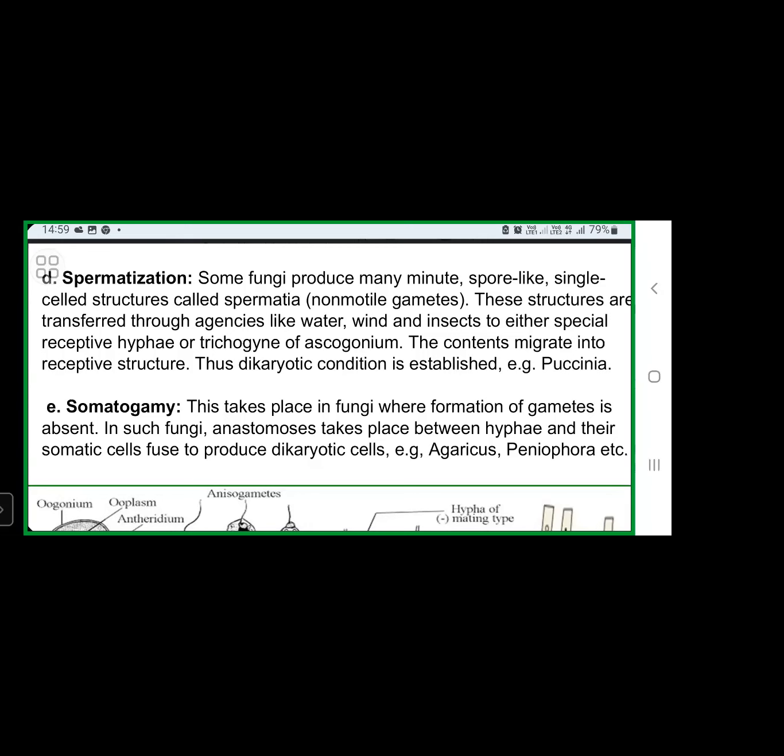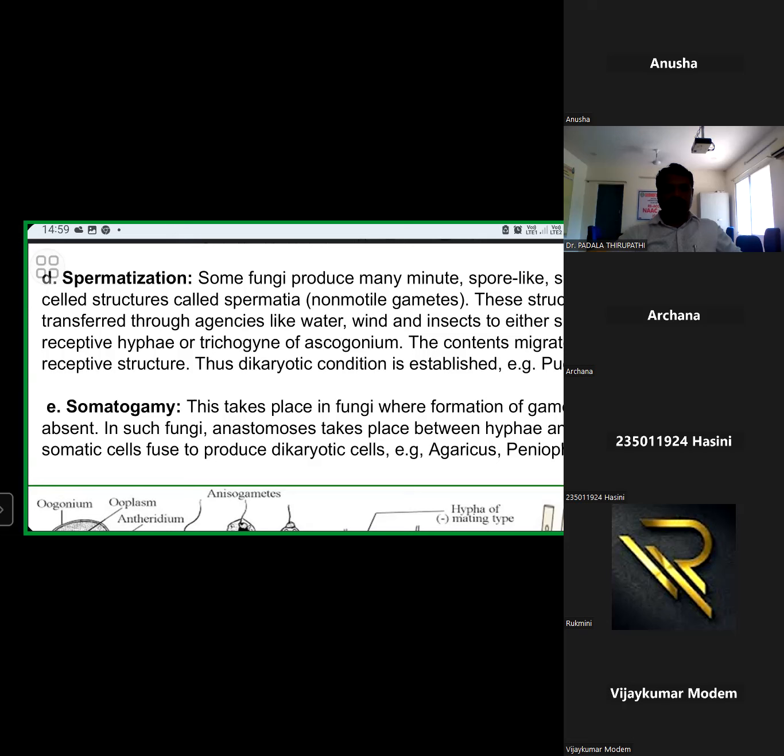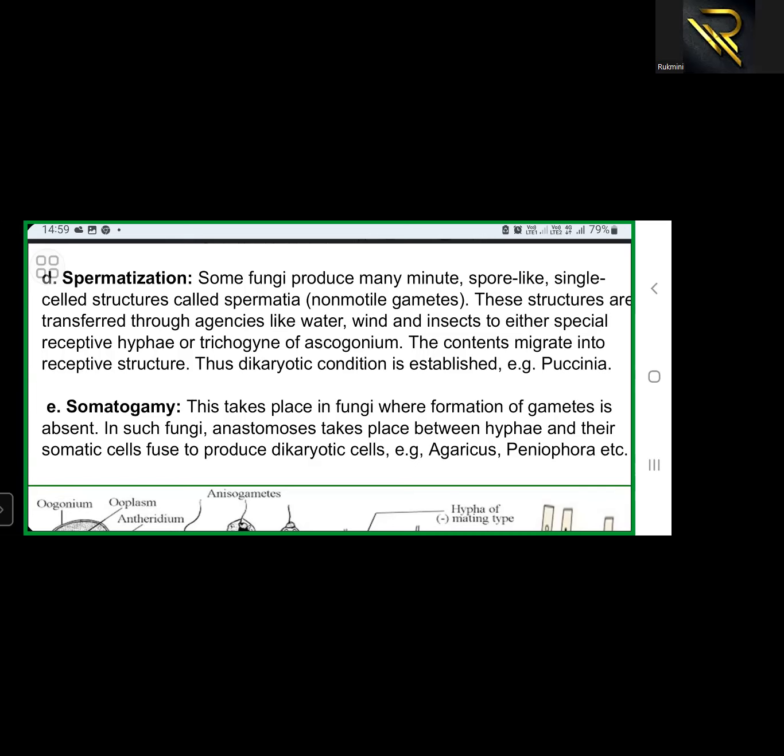As a result, a dikaryotic condition arises. Dikaryotic means two nuclei are formed due to the fusion and mixing of the male and female cellular contents. So when this dikaryotic condition is established, this sexual reproduction is completed.